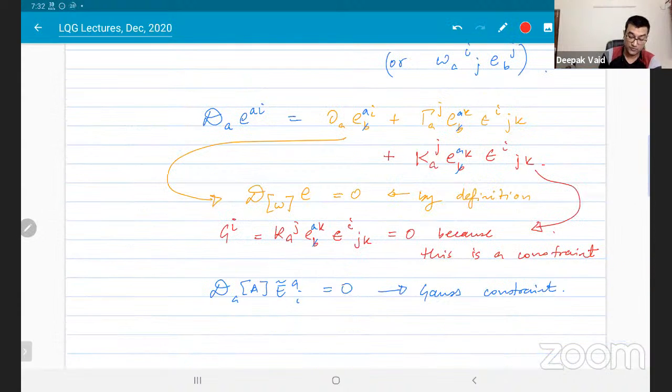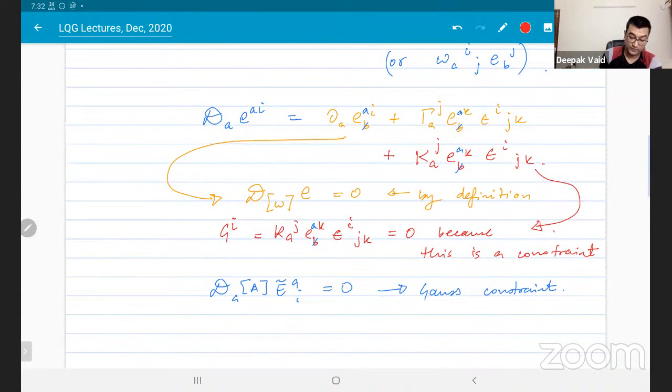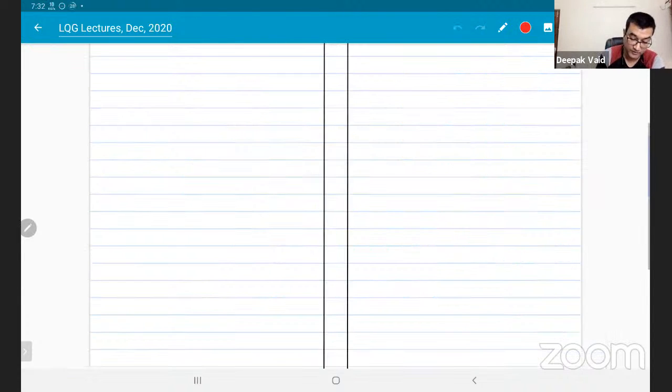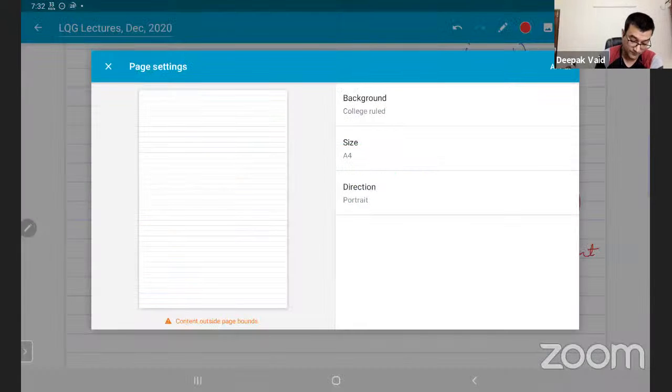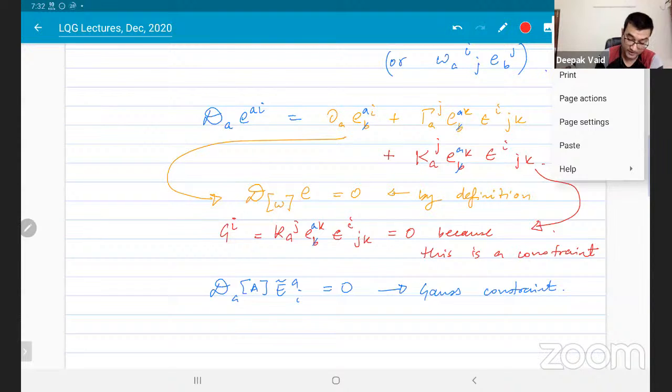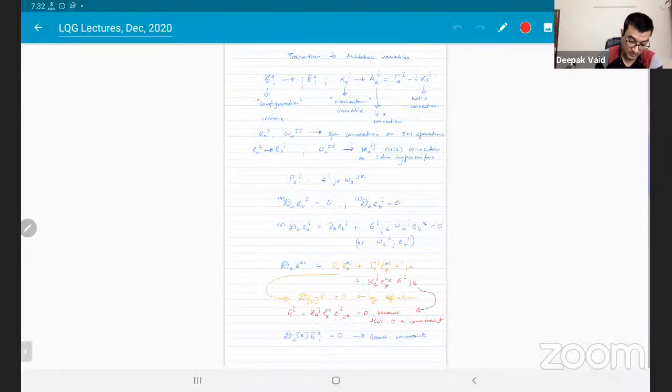So now you have this expression, your Gauss constraint, and something nice happens with your Hamiltonian and diffeomorphism constraints. Let me just mention that, and then we will stop for the day.